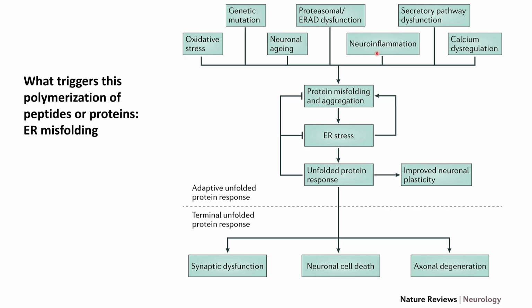If there is high neuroinflammation, or any dysfunction in the secretory pathway that Alan told you about yesterday, or in the lymphatic system in the brain, which is continuously removing amyloid beta and alpha synuclein if they form aggregates, then it leads to accumulation of protein misfolding. Calcium is also very important. Calcium dysregulation also leads to protein misfolding.